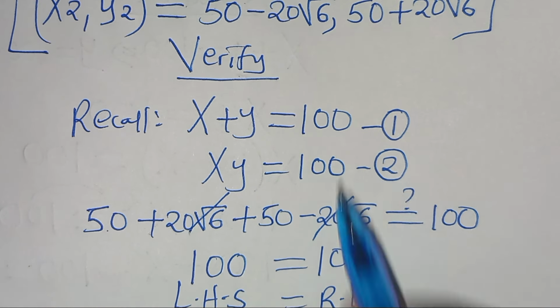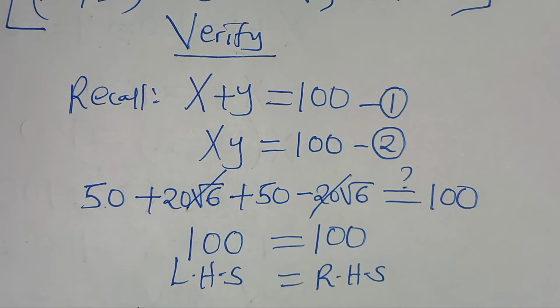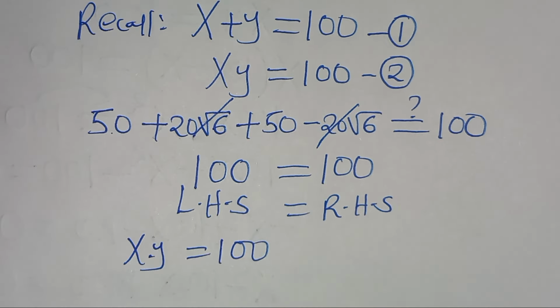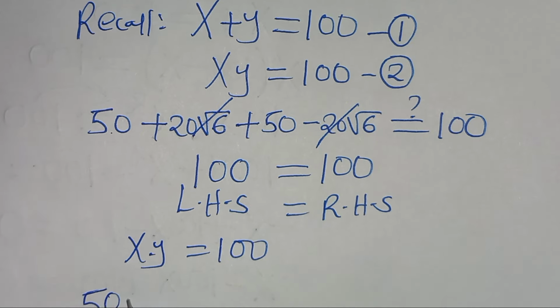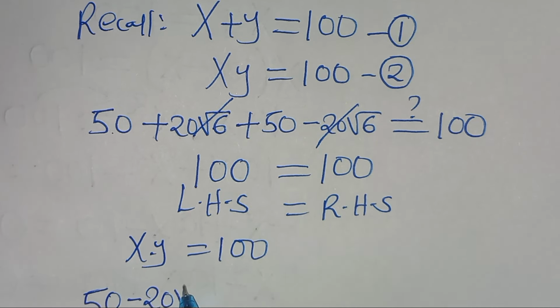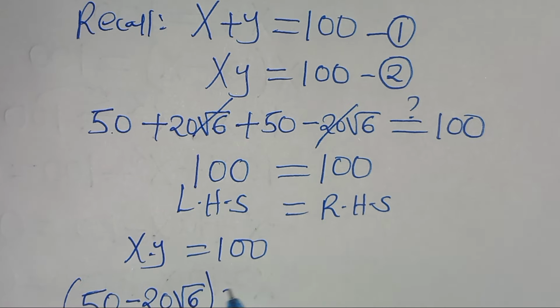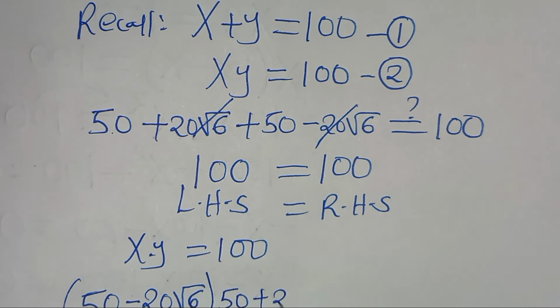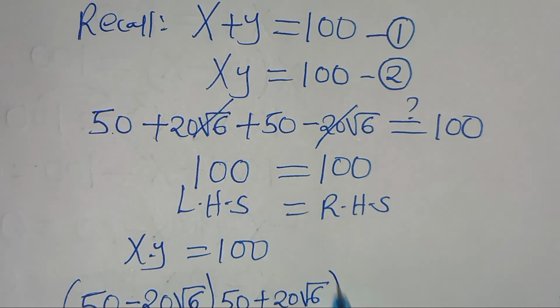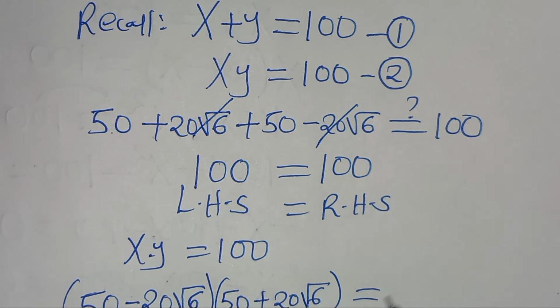Let's use equation 2, that is x times y, which is equal to 100. So we have 50 minus 20 square root of 6 multiplied by 50 plus 20 square root of 6. This should give us a value of 100.